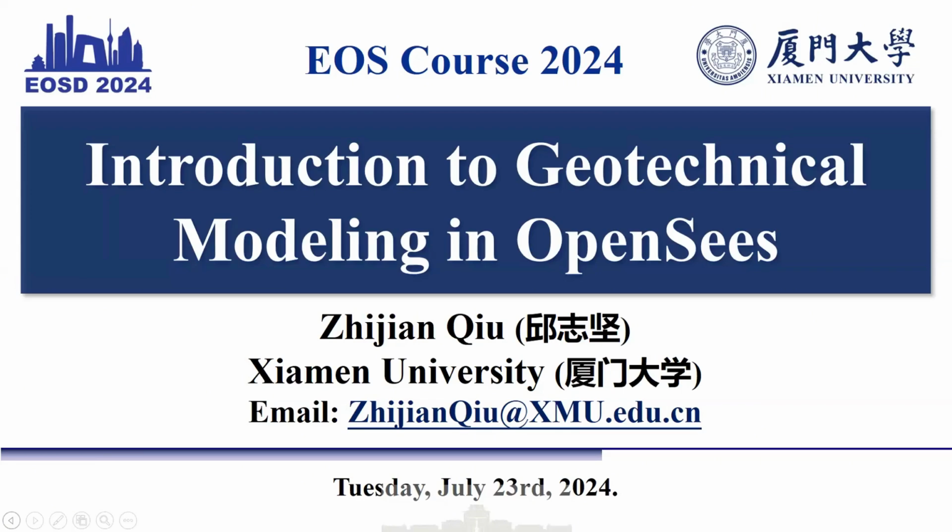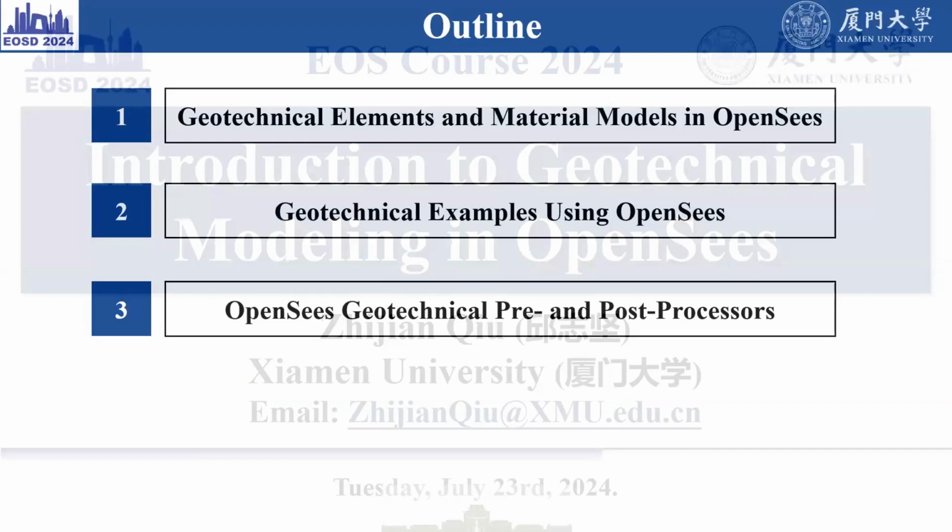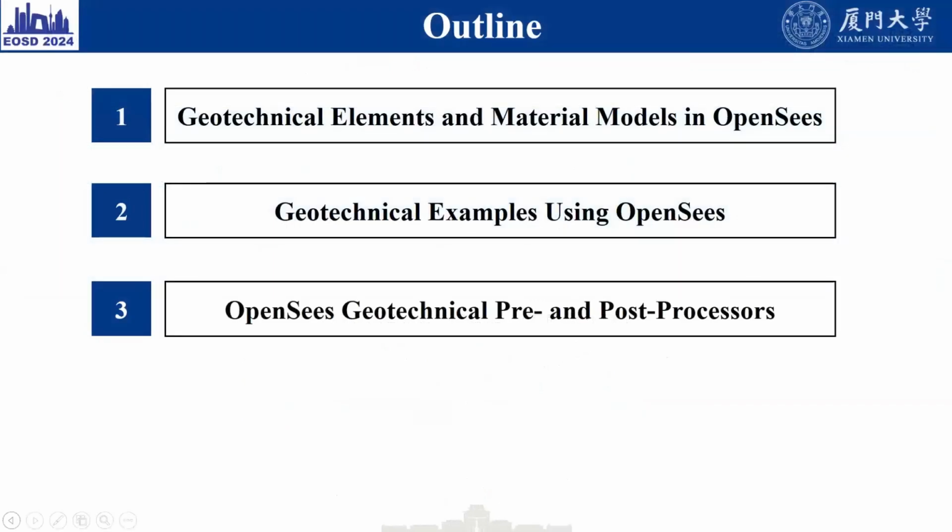Today I will be introducing geotechnical modeling in OpenSees. Here is the outline of our presentation. I will cover 3 main sections. The first section is geotechnical elements and material models in OpenSees, where I will discuss several solid elements and soil constitutive models.